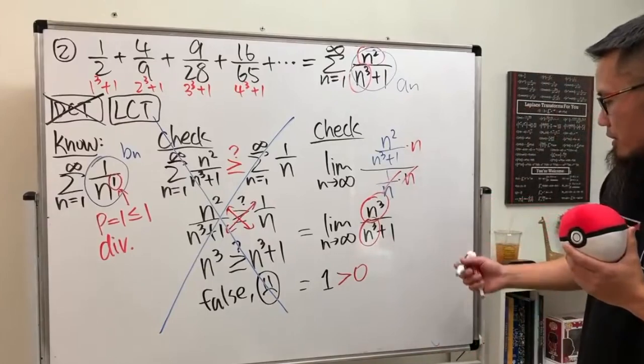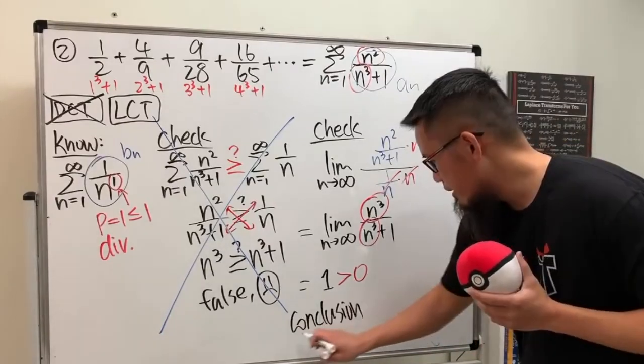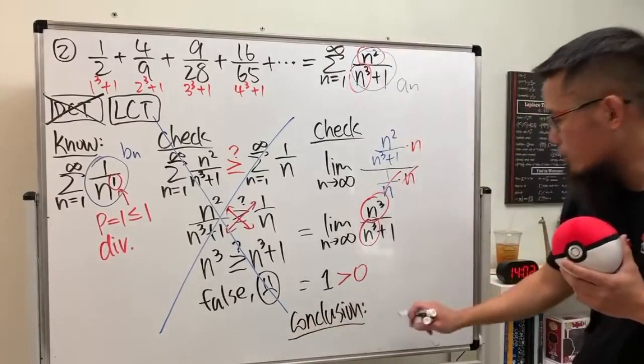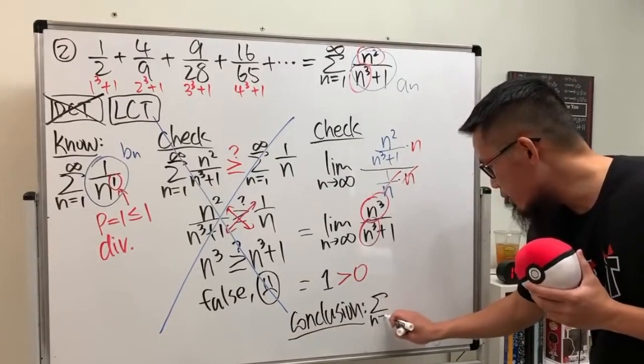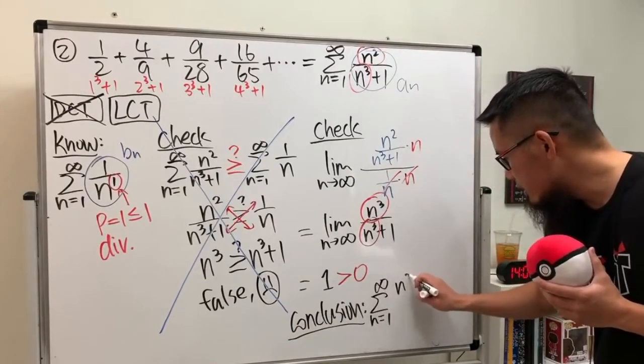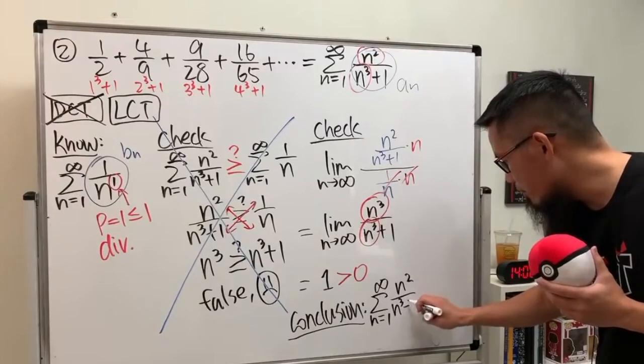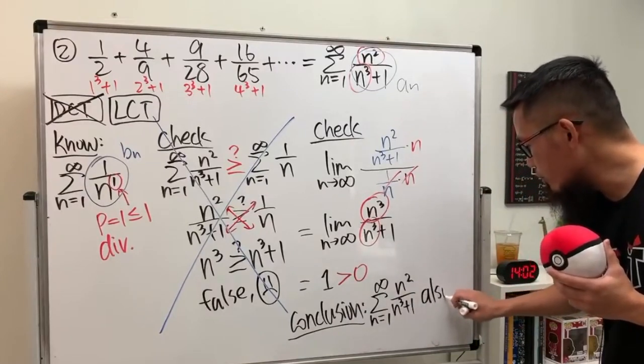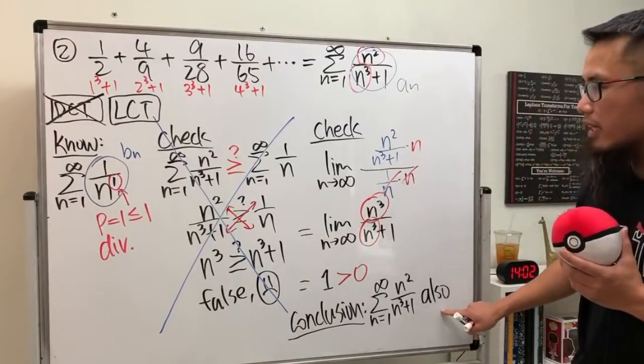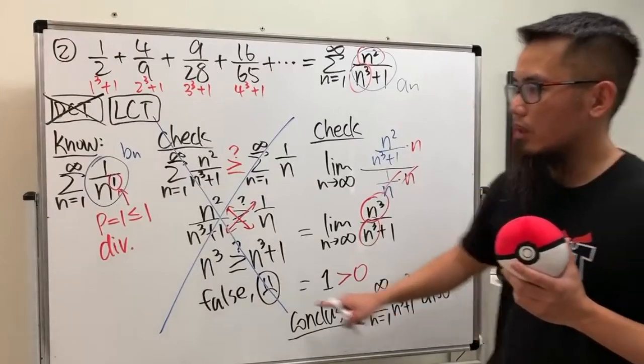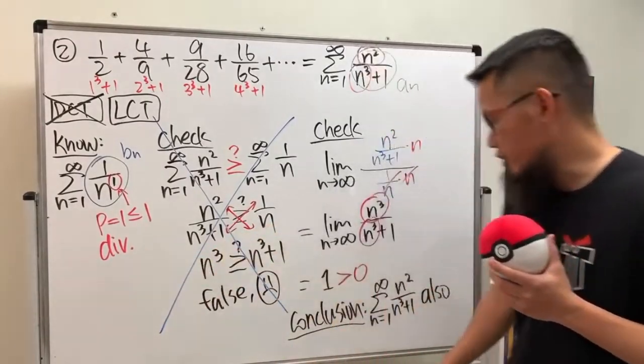Let me write down the conclusion right here. The series we are trying to do, the series as n goes from 1 to infinity, n squared over n to the third power plus 1, let's use the word also, because the connection is that this is also divergent.